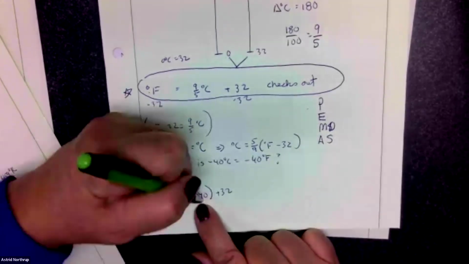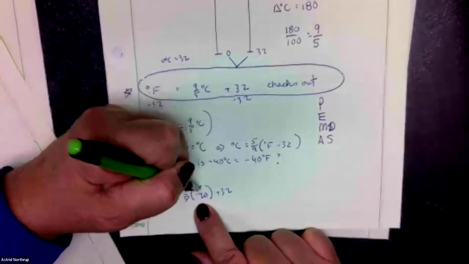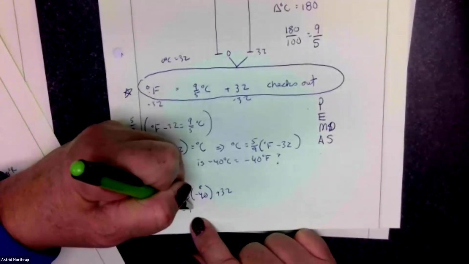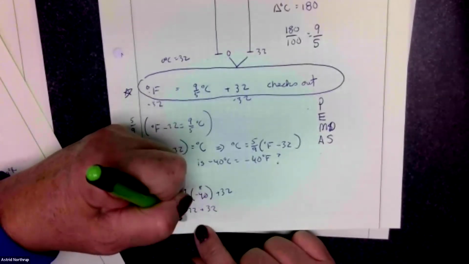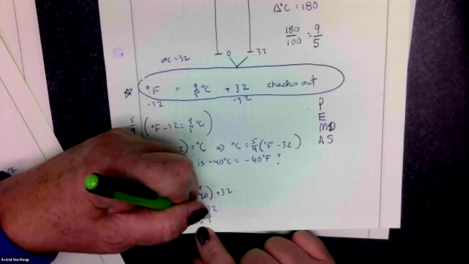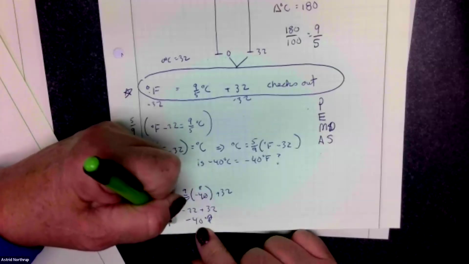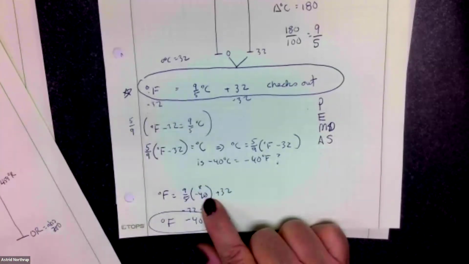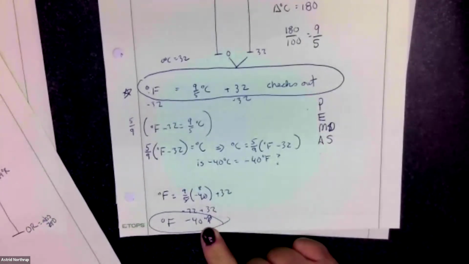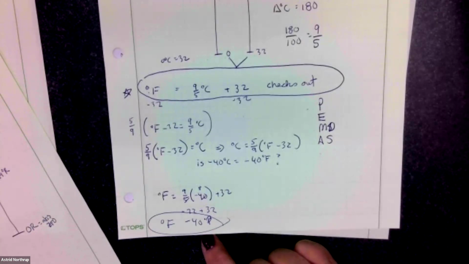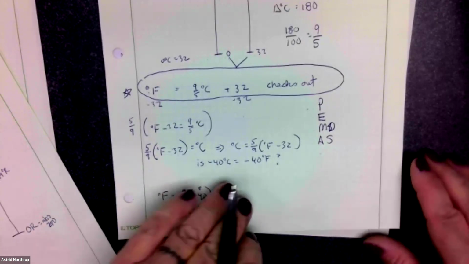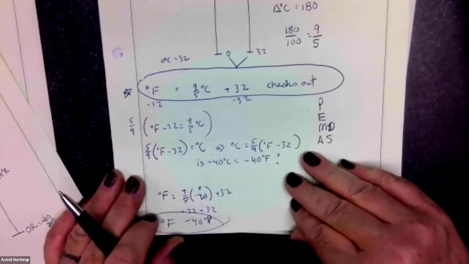If I do this, that's 8. 9 times 8 is 72. Negative 72 plus 32 is negative 40. So that shows you that by making that substitution, negative 40 degrees Fahrenheit is negative 40 degrees centigrade. Okay. All right. So there's two of the equations that you will need.